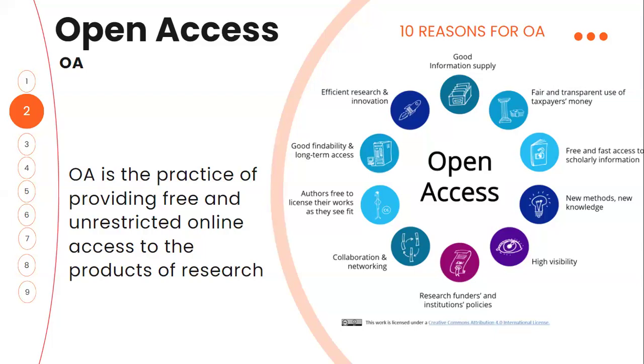The research funders and institutions have their own policies, and they would know how the money was spent, and this is very important for them to continue funding, for example. So when you publish OA, you're actually putting the output in their hands and showcasing what you have been doing. And again, collaboration and networking, and this is crucial, as you know.